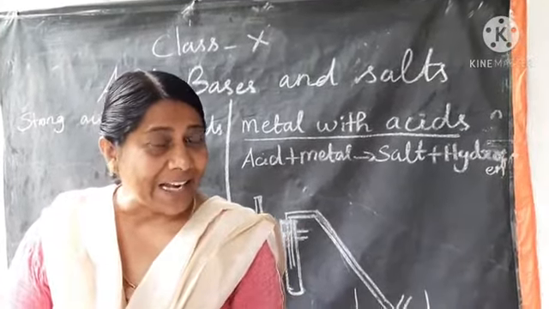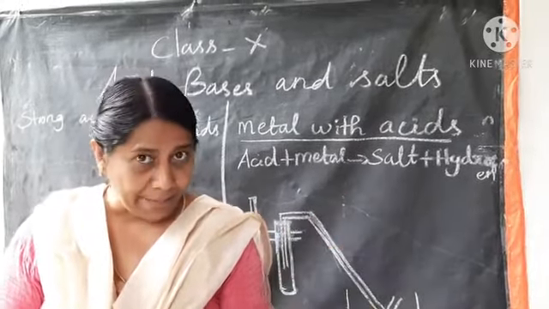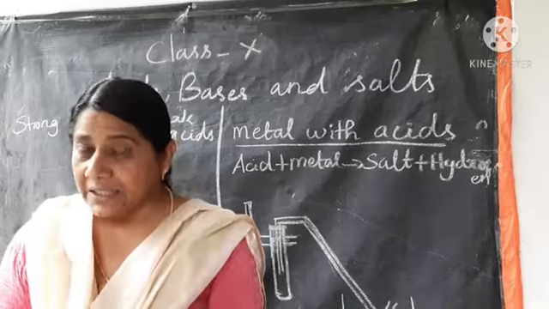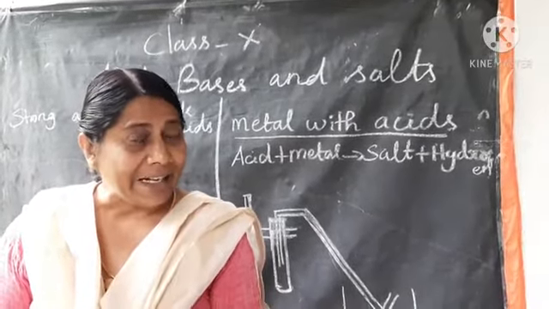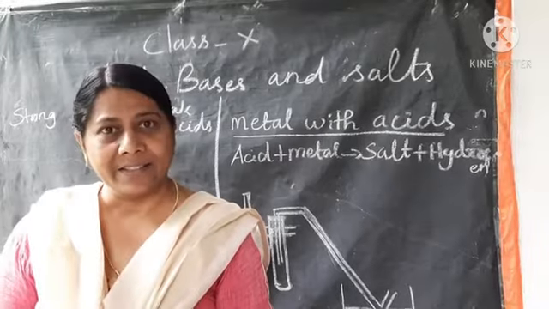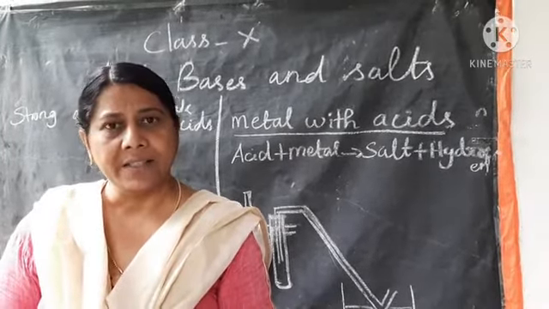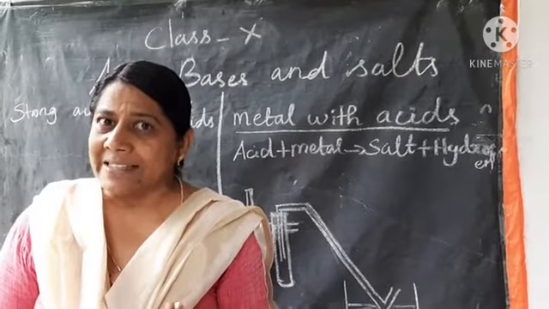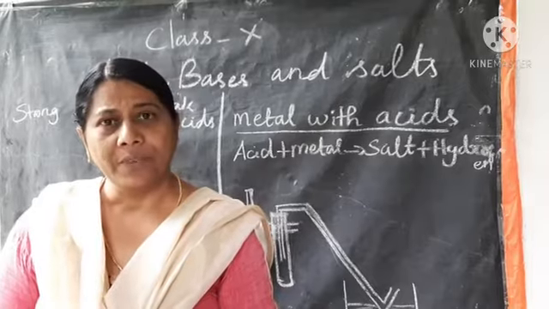It is none other than vinegar, and the acid present in lemon and in curd, that is lactic acid, and in tamarind, that is tartaric acid. These are natural acids. Another name for natural acids is organic acids, and they are weak acids also.